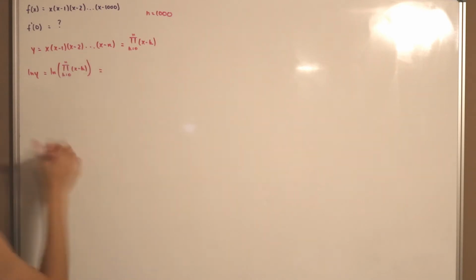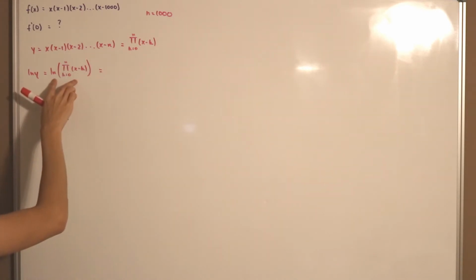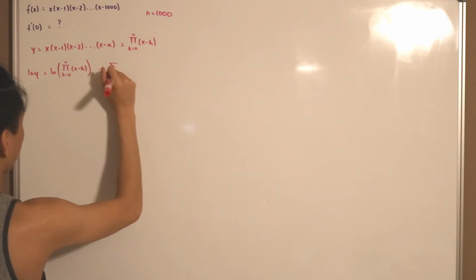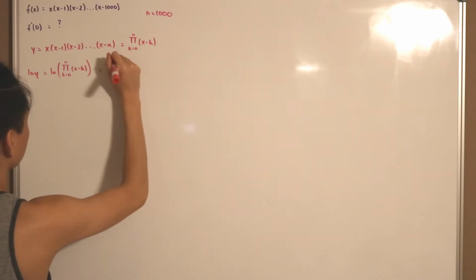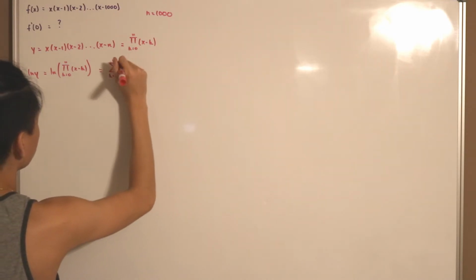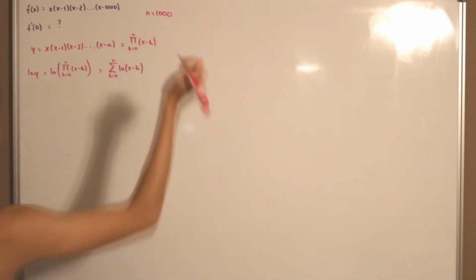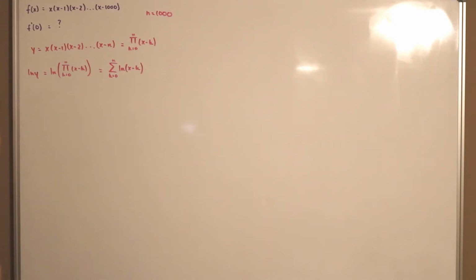But we can rewrite this as a summation series, so the sum from k equals 0 to n of the natural log of x minus k. It's pretty nice. And now, next step, I want to perform a logarithmic differentiation. So we're going to be doing, in other words, kind of like implicit differentiation for one side.